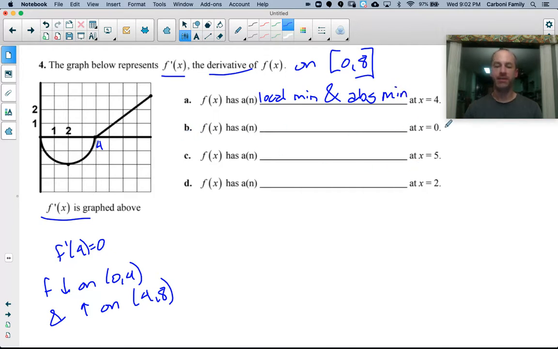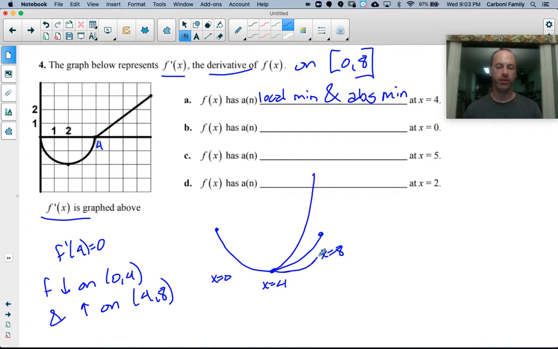Okay, at 0, that is an endpoint, and an endpoint could be a max or a min. And so, like I said earlier, I know that my function decreases. So we start at x equals 0, and we decrease to x equals 4. And then we increase after that until we get to 8. The question is, do we increase a lot?